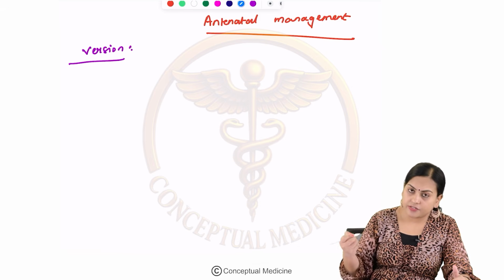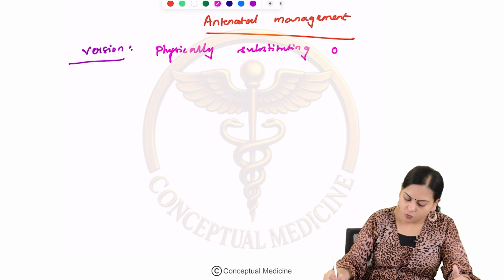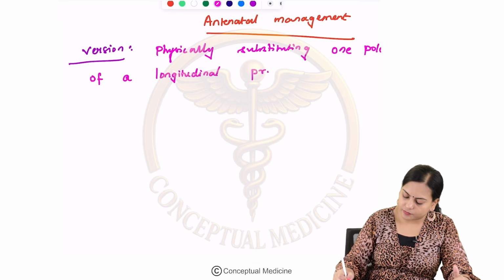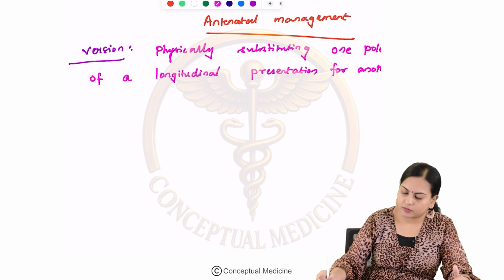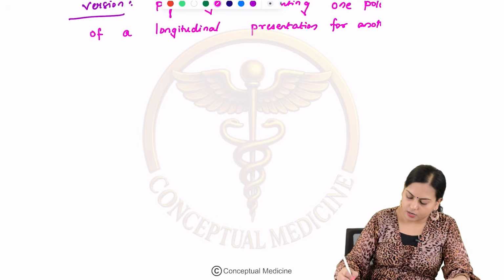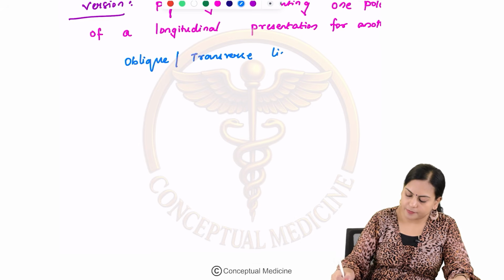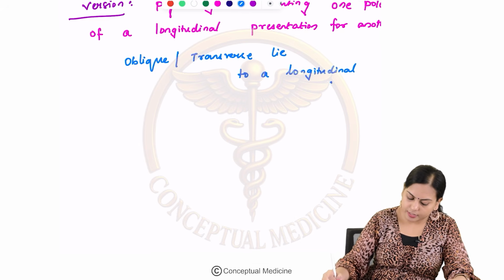It is physically substituting one pole of a longitudinal presentation for another. Clear? So, you can change the oblique or transverse lie to a longitudinal presentation.